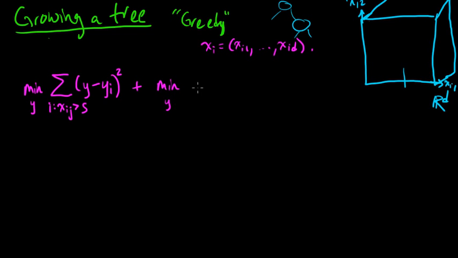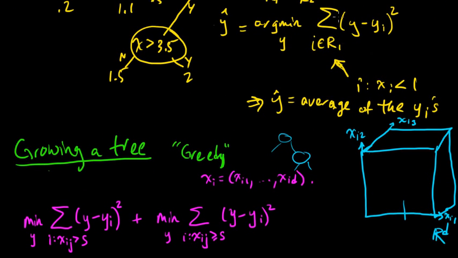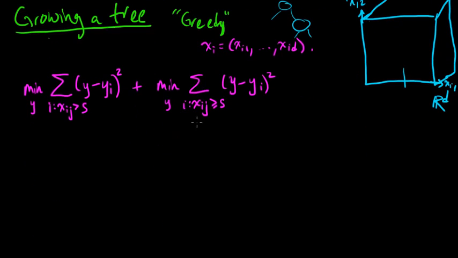And we also have this part. This is going to be the other part, x_ij less than or equal to s, of (y minus y_i) squared. Remember, this is the same thing as before: we wanted to get the y that minimizes the error over this region.